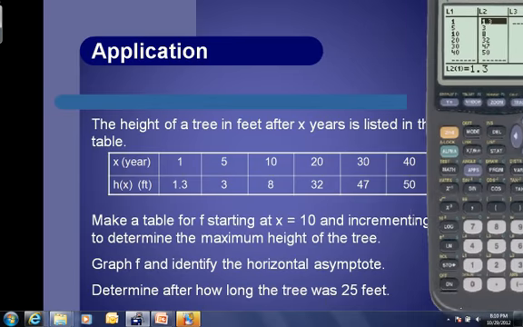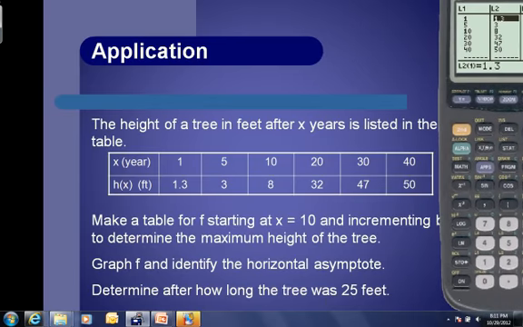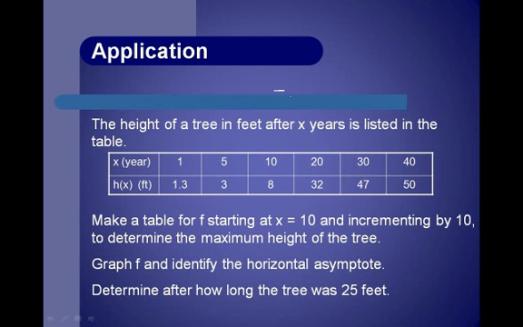Now our directions say, make a table for f starting at x is 10 and incrementing by 10. Well, what you've got to know is that the height of a tree is modeled by a logistic function, which means the tree starts out growing very, very slowly. Then it takes off in the middle and it grows pretty quick, and then as it gets older it levels off just a little bit.